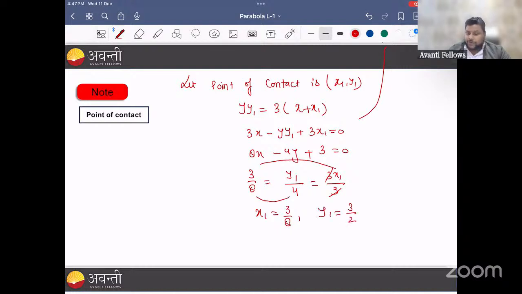So the point of contact is 3 by 8 comma 3 by 2. Got it?